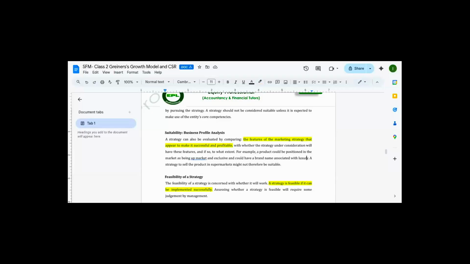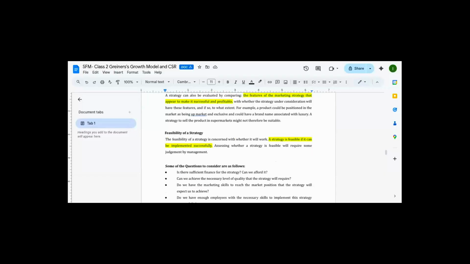If that is the case, what will happen? A strategy to sell the product in the supermarket might not be suitable, because we are choosing the wrong distribution or sales outlets to sell the product. So in your business profile analysis, we have to look at the strategy, and we have to look at the appropriate mix that we are going to use to execute our strategy.